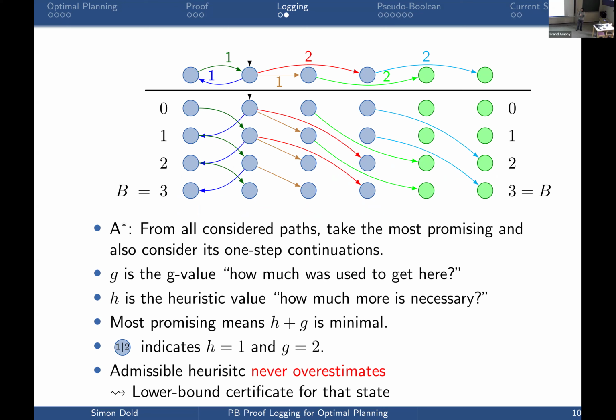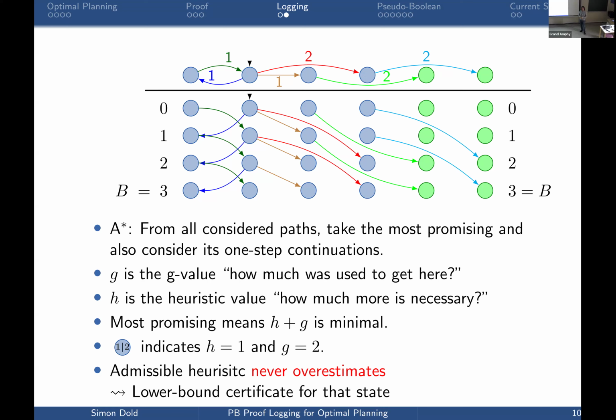Some use a SAT encoding and put it to a SAT solver to try to find the plan. Others use symbolic search, so working with BDDs and looking at the sets of reachable states. But this approach uses an explicit search on the state space with the A-star algorithm.